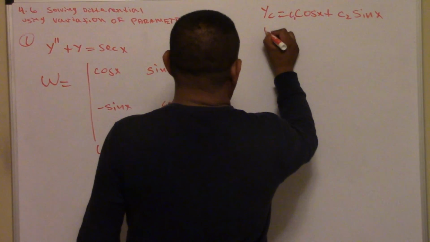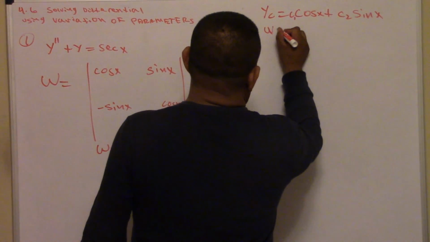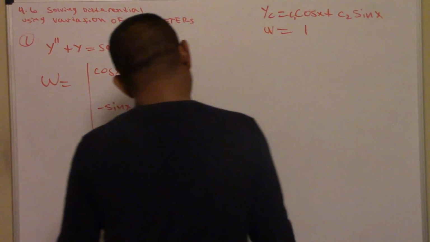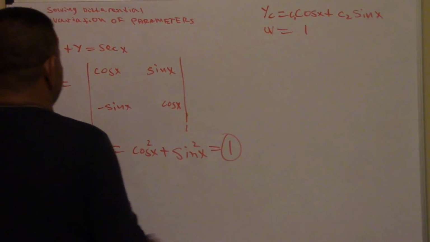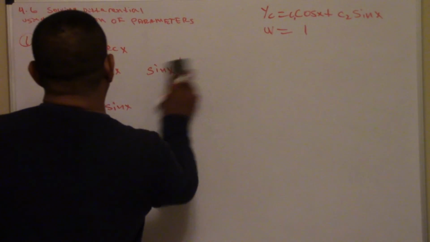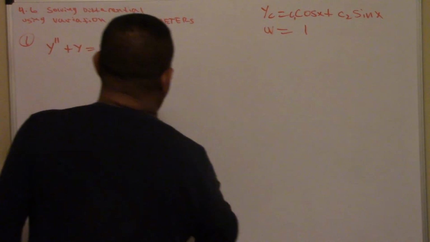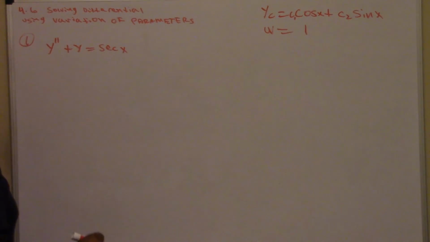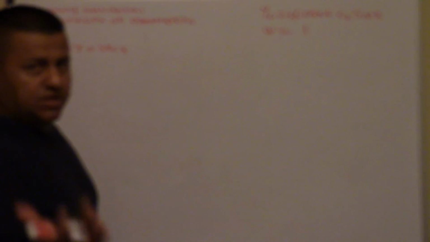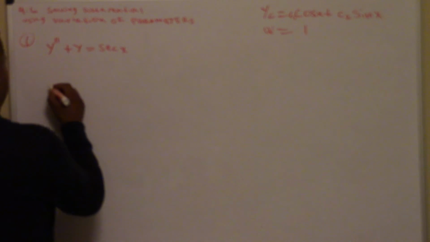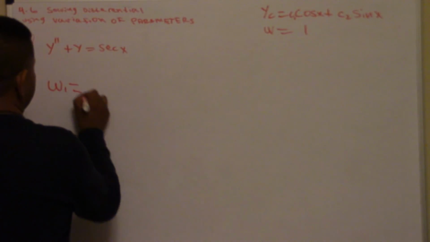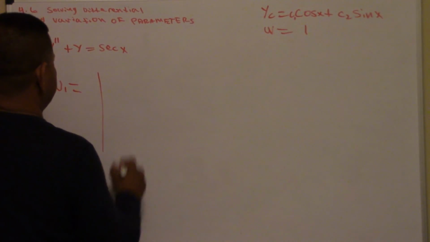And I know that the Wronskian equals 1, right? So now that I know that the Wronskian is equal to 1, I'm going to find W1 and W2.